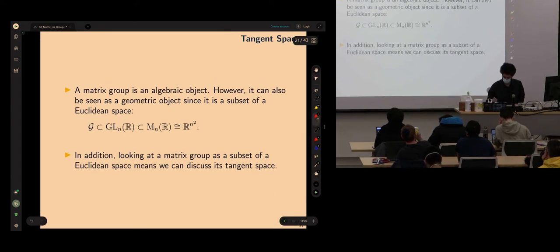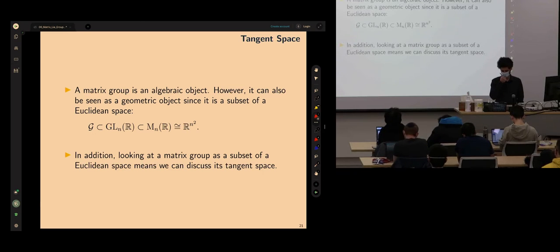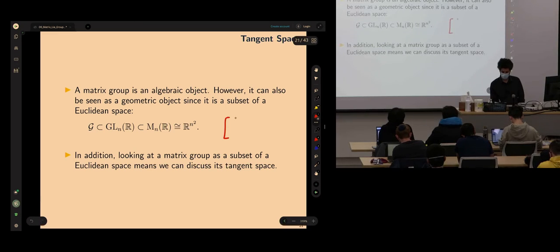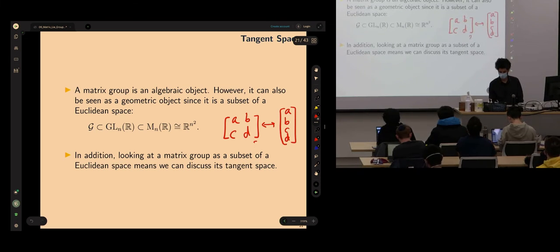Back to matrices. Algebraic objects will not necessarily give you geometry. We're going to claim that matrices are geometric objects as well, matrix groups. Because if you have a 2 by 2 matrix of real numbers, you can easily arrange them in a 4-vector, right?